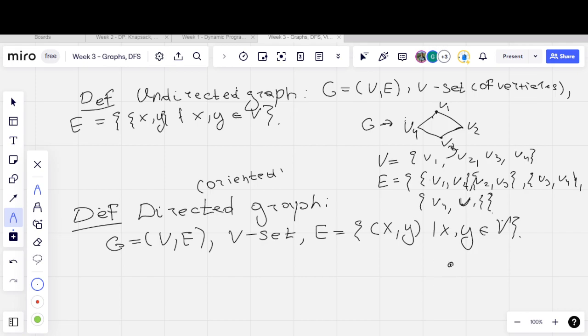usually it is represented like this, arrows and points. If you have some graph, v1, v2, v3, v4, the vertex set will be the same.